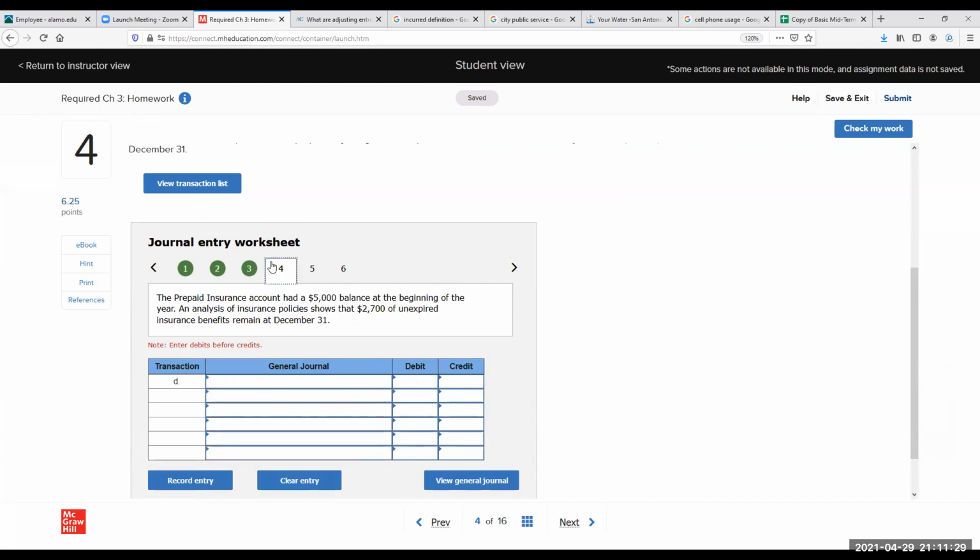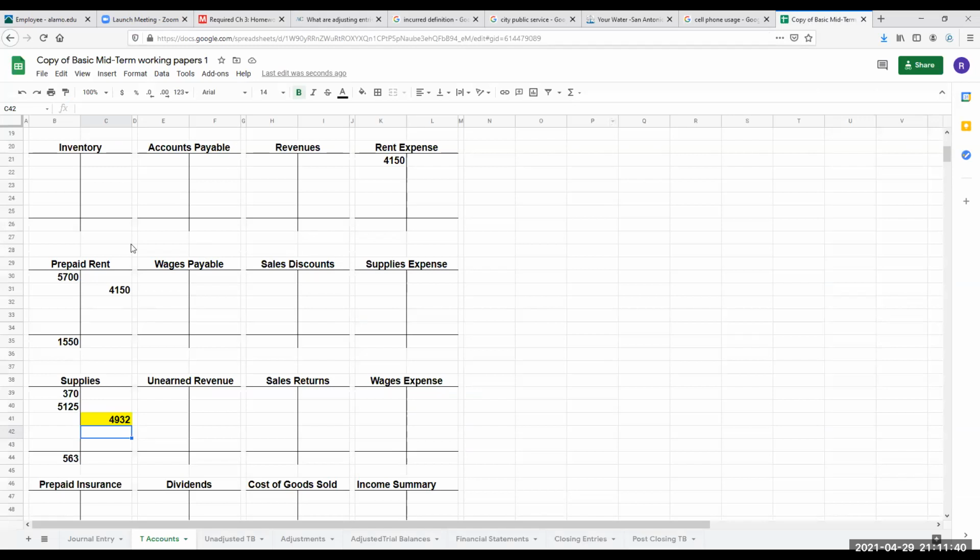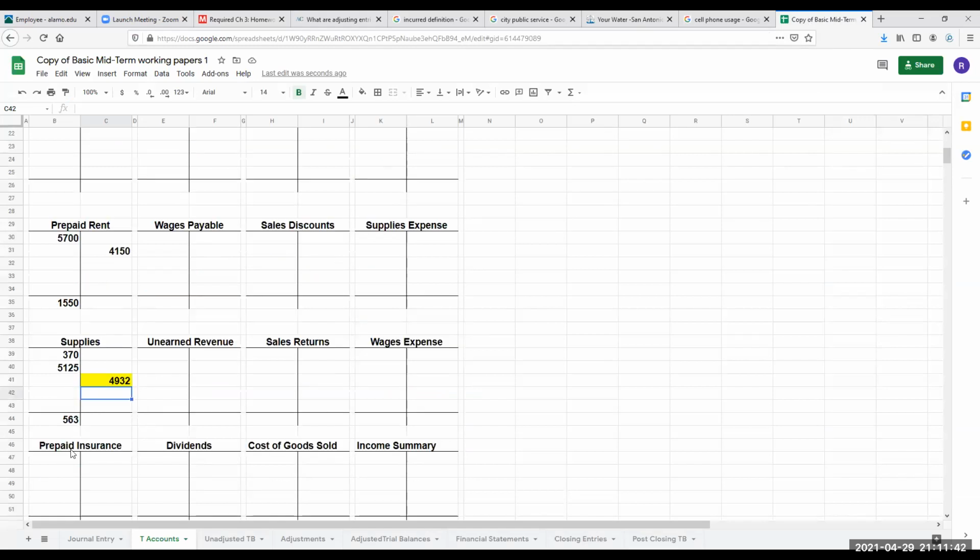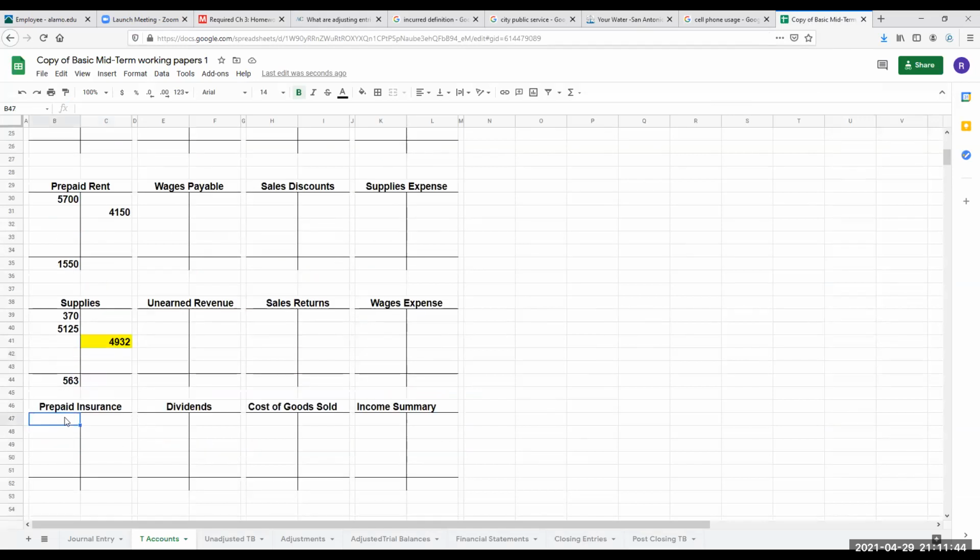Okay. The prepaid insurance has a 5,000 balance at the beginning. An analysis of the insurance policy shows 2,700 of it unexpired. So the way prepaid insurance works, you had 5,000 and 2,700 unexpired means that's the balance down here.